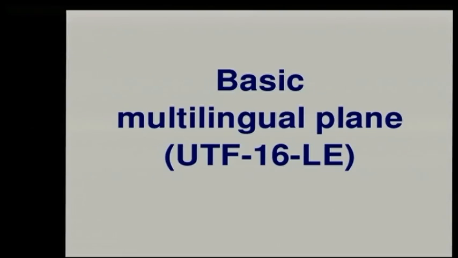UTF-16LE's main feature is optimizing the basic multilingual plane. That's the original 16-bit Unicode, which is its name now, and it includes almost all commonly used characters in modern languages, place names aside, emoji aside. It uses 2 bytes for the basic multilingual plane, 4 bytes for everything else, so it can be more efficient than UTF-8 for non-English text.